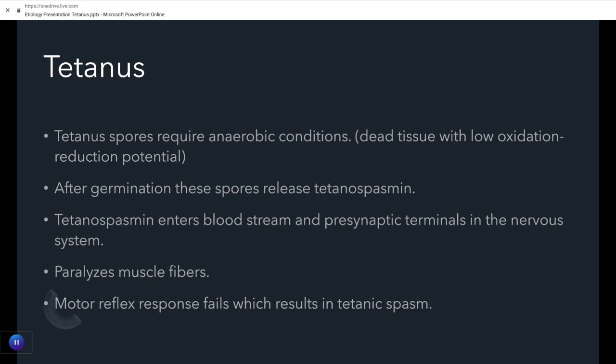So after it enters your blood, it enters your nervous system, which then paralyzes muscle fibers. Your motor reflex response fails, which results in the tetanic spasm. So Clostridium tetani first enters your blood and then your nervous system, which then paralyzes muscle fibers, and that's what causes the uncontrolled contractures of your muscles.